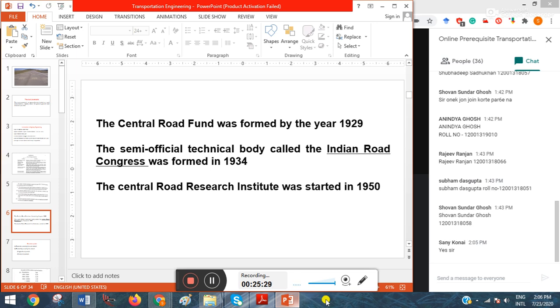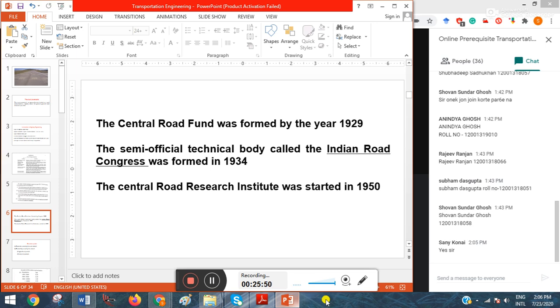The IRC publishes journals, research publications, standards, specifications, guidelines, and other special publications on various aspects of highway engineering. This IRC is still present, and they are working on these matters.